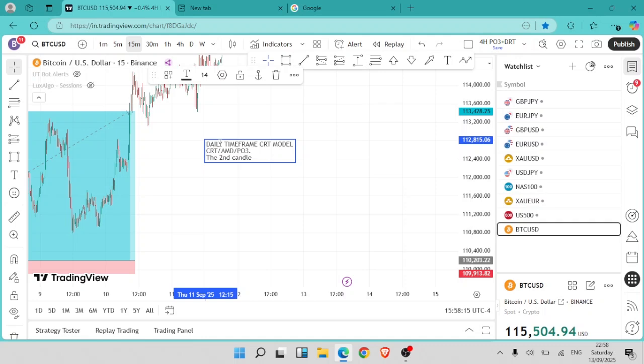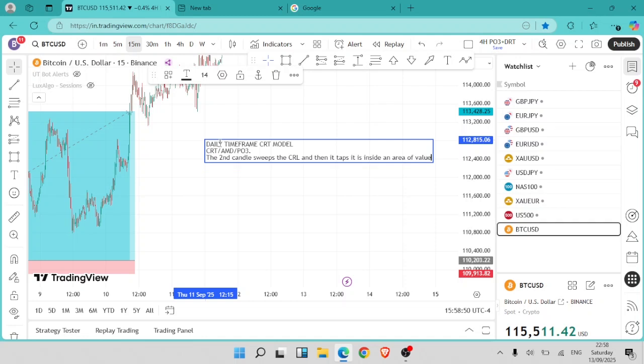First of all, let me refine this condition. The second candle sweeps, in this case for Bitcoin, the CRL or CR low of the range of the previous candle, and then it taps, or it is inside an area of value.